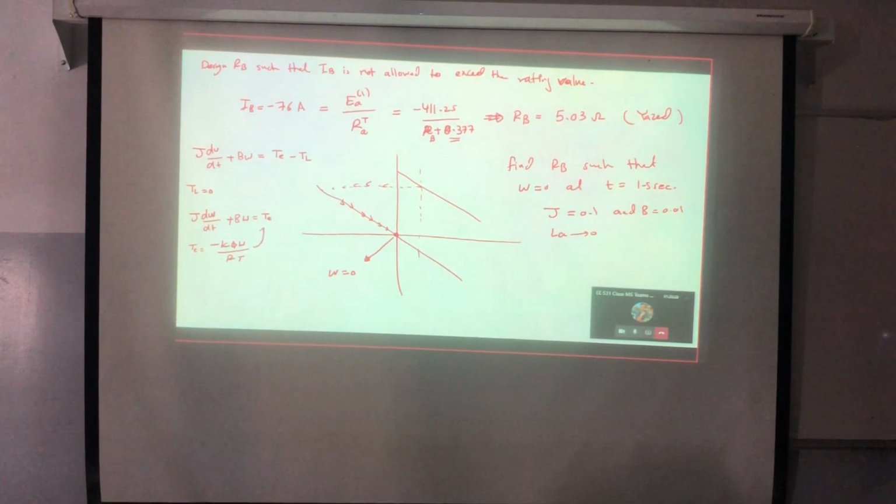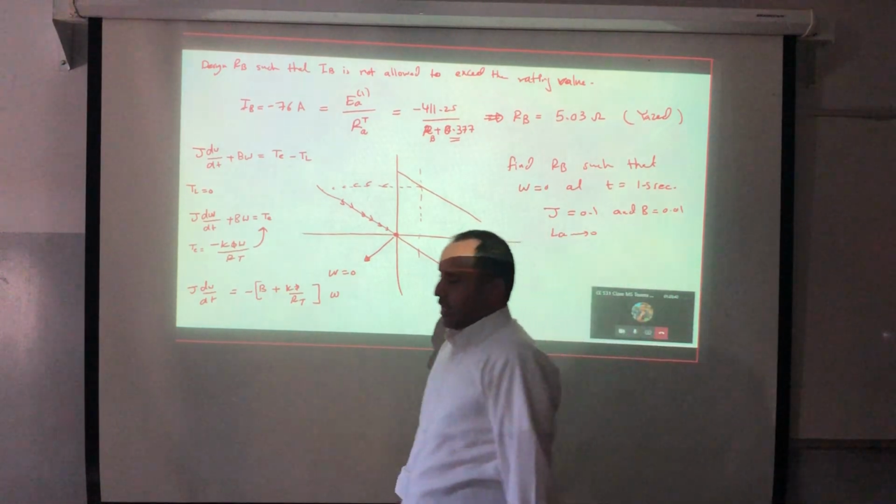So if I put this one here, J d omega by dt will equal minus B plus K phi over R total, multiplied by omega. This is a first order differential equation. Can I solve it? I can solve it.